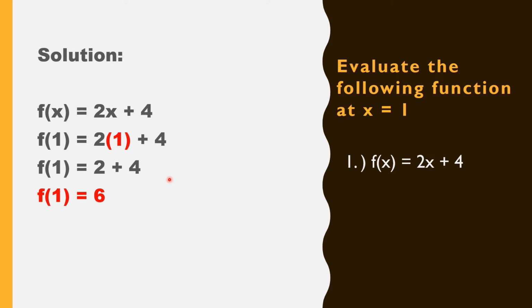Okay, we can still simplify 2 and 4. That means we are going to add. So, f of 1 equals 6. 2 plus 4 equals 6. Therefore, the value of f of x equals 2x plus 4 at x equals 1 is 6. Okay, so very easy, right?